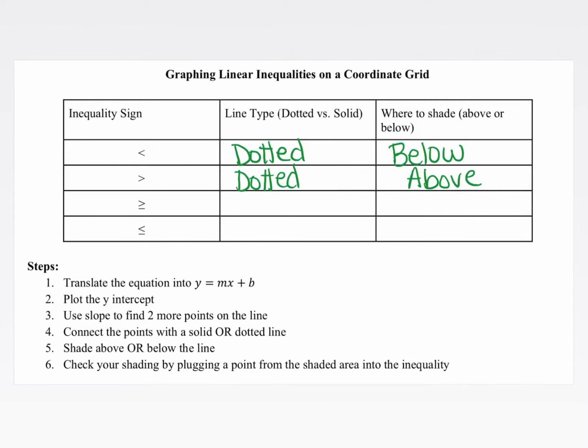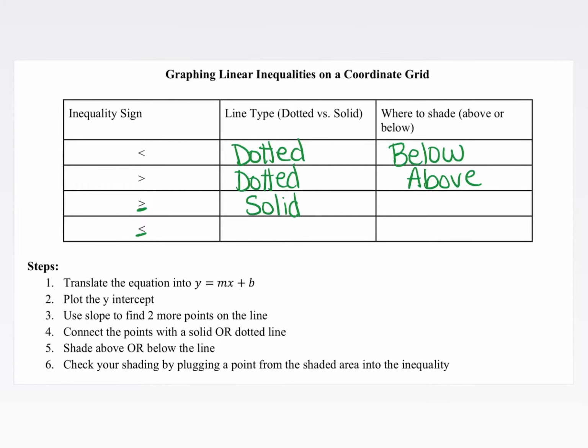If we have greater than or equal to, so see how we have this or equal to bar, that means those points on the lines could be solutions. So think about this as kind of like a closed circle versus open circle. Dotted lines means those points on the line are not considered solutions, whereas a closed circle or a solid line, those points on the line are considered solutions.